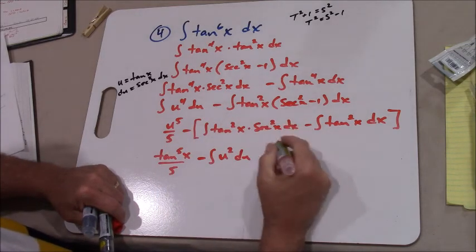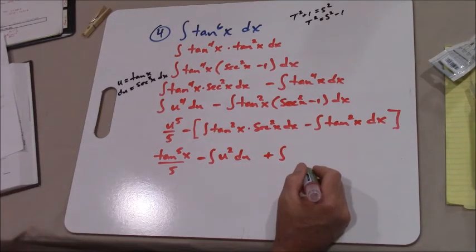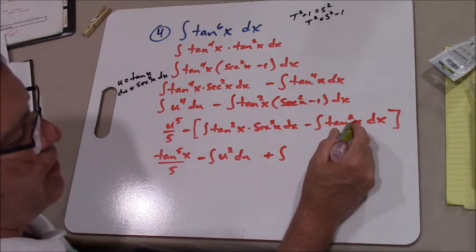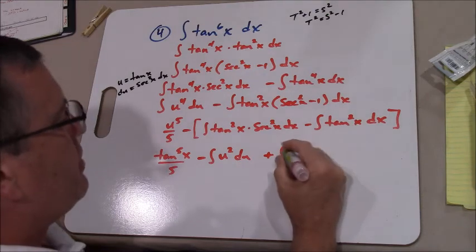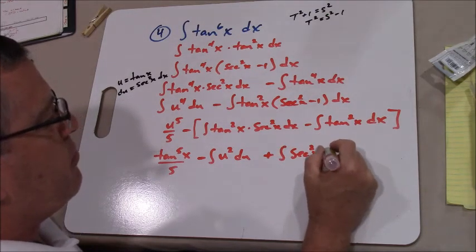Negative times a negative makes that a positive integral. And I can't do the integral of a tangent squared. So I'm going to have to put this in place of there one more time. So secant squared of x minus 1.